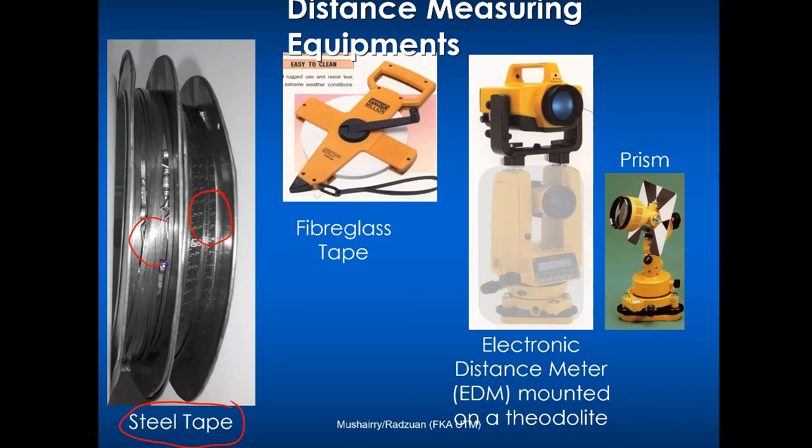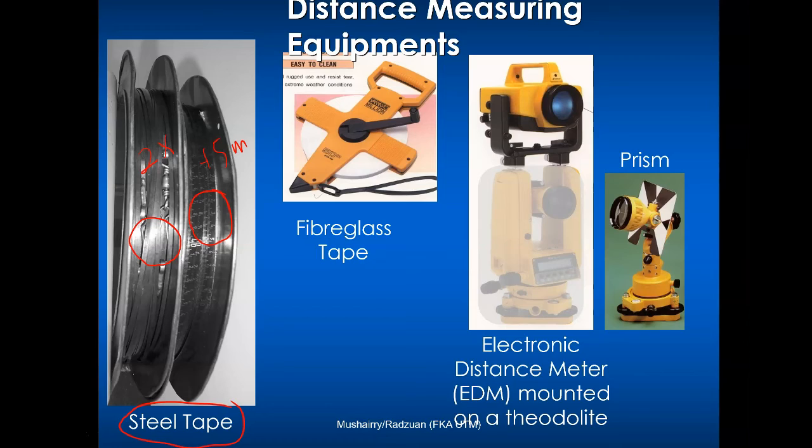That one is not graduated, also 20 meters long, but there'll be a couple of tapes in there. So let's say you're measuring a distance of 45 meters. You'll need two of these, which is 40 meters, then you add 5 meters from that. So that's how you use them. You have to use them together. So that's using steel tape.